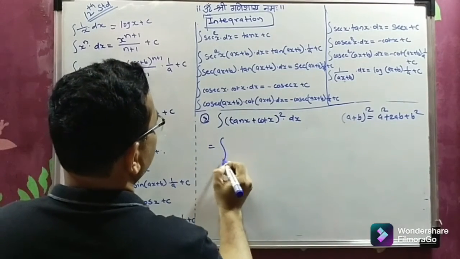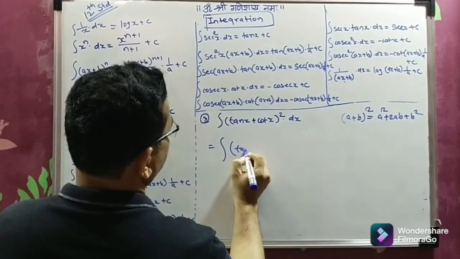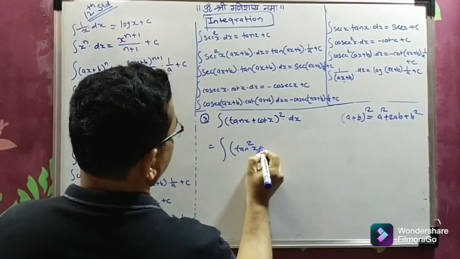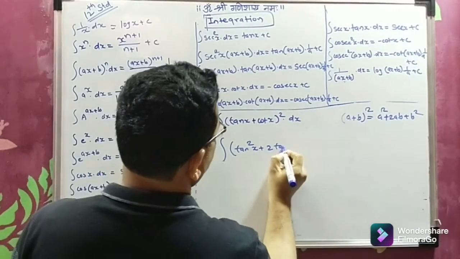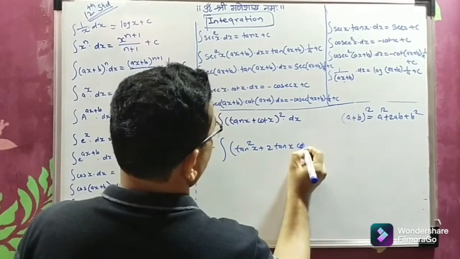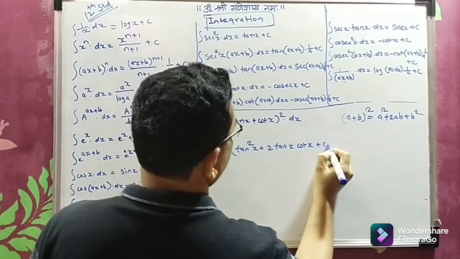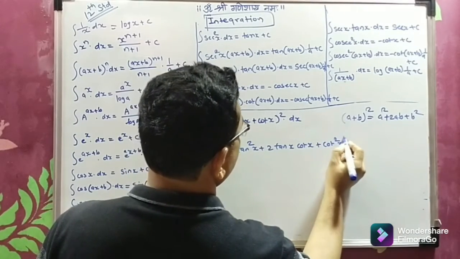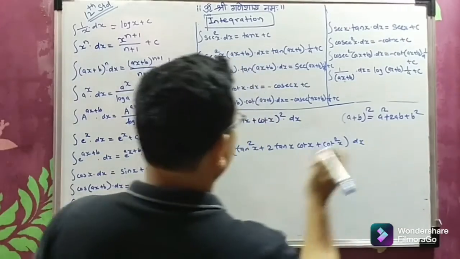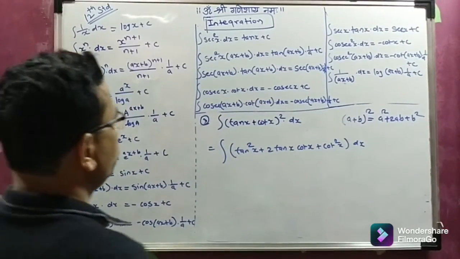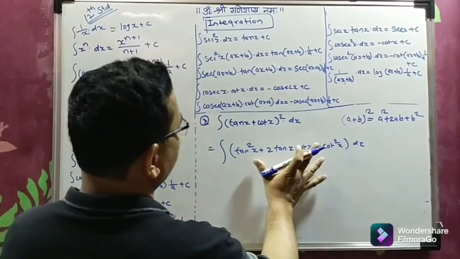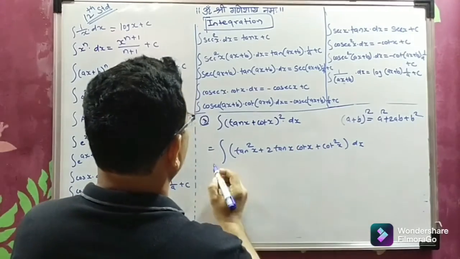So what will the answer be? This is tan square x plus 2 tan x cot x plus cot square x dx. So we have written it in expanded form.